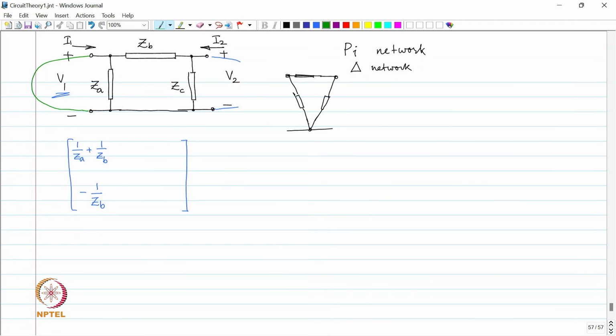What is going to happen now? ZA is not doing anything, right? ZA is short circuited out. So, the input resistance is nothing but ZB in parallel with ZC, right.